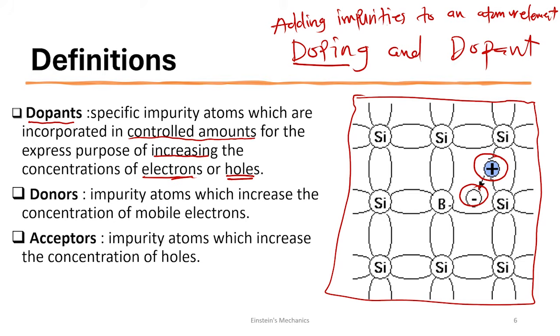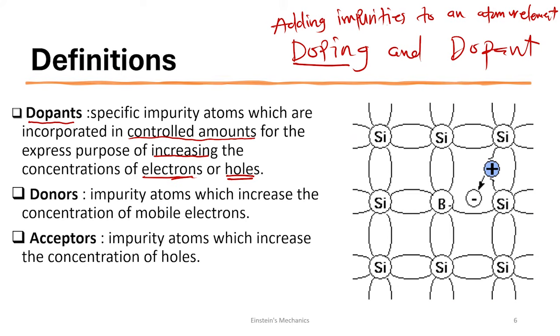And inside this structure, you can see that, as I said, we are either trying to add a positive or a negative to that. In a case where the impurity atom increases the concentration of mobile electrons, we call them donors. So when we are adding more electrons, the negative charge or particles, they are what we call the donors. They are going to increase the concentration of what? Mobile electrons. Remember, in the conductivity of electricity, we saw that it is the electrons that move to cause the current flow.